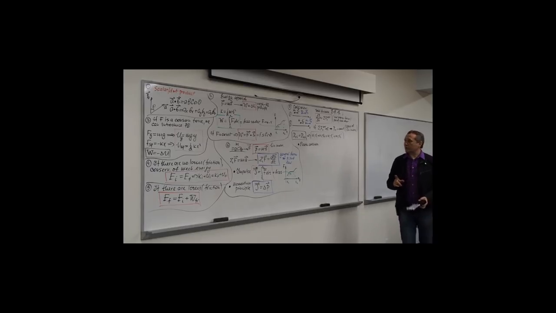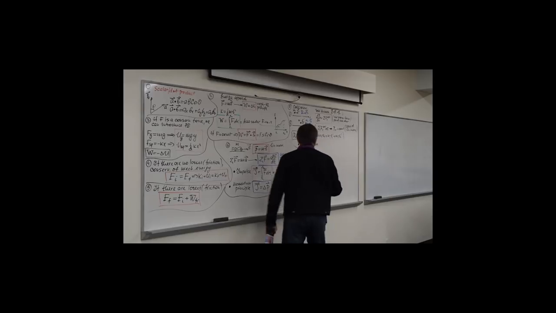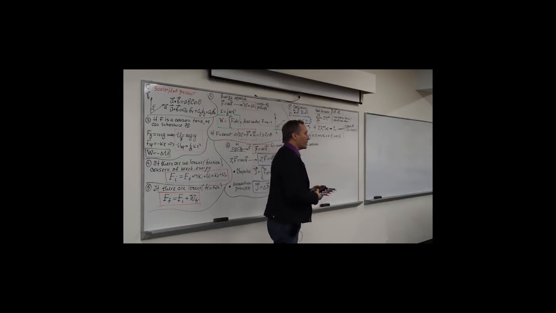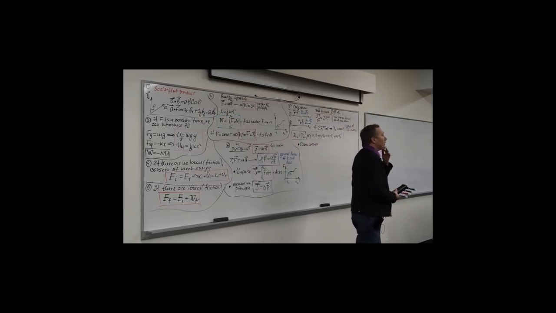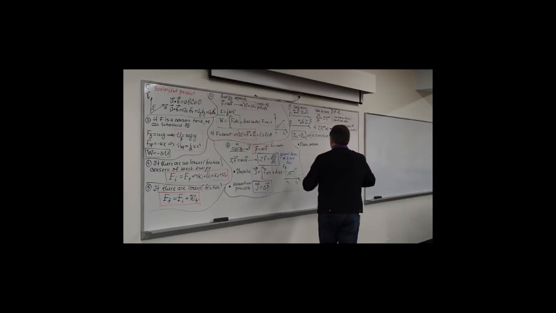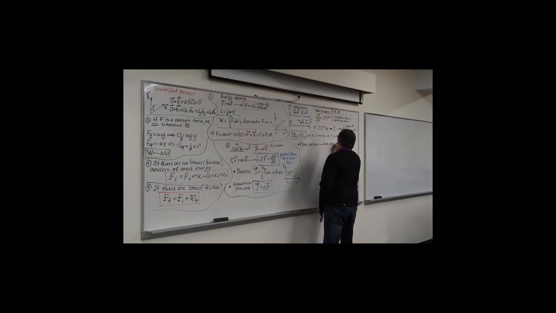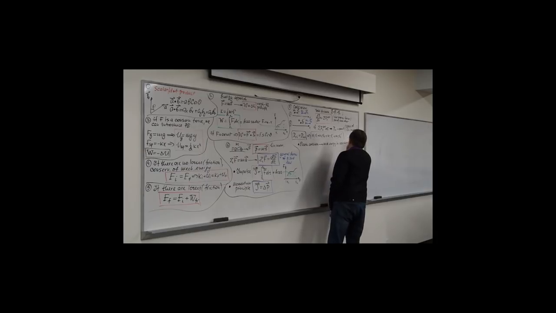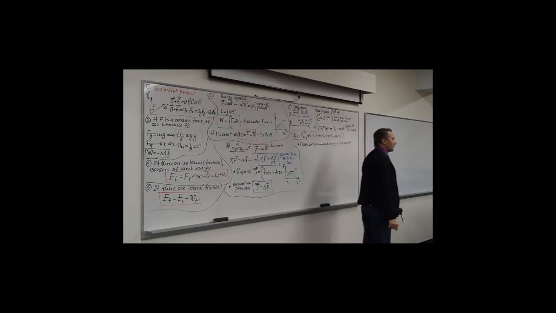If somebody writes in the problem that the collision is elastic, it means proper materials were used, and it means that mechanical energy is conserved. Elastic collision: mechanical energy is conserved during the collision, right?